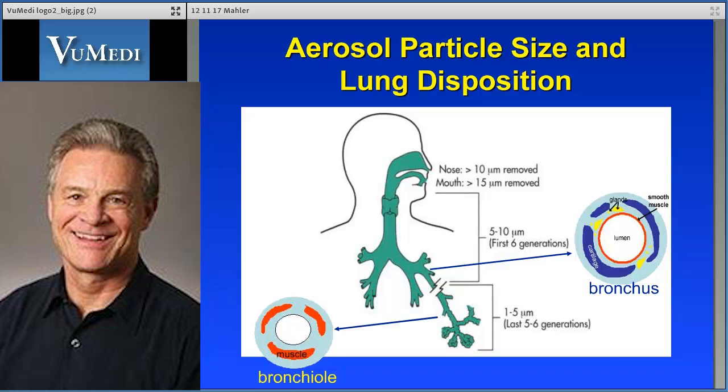The bronchiole on the bottom left is a smaller airway with the red representing smooth muscle. The point of this diagram is to demonstrate that an aerosol should be 5 microns or smaller in diameter in order to reach the lower respiratory tract, where it attaches to bronchial smooth muscle, causing relaxation and or prevention of bronchoconstriction.